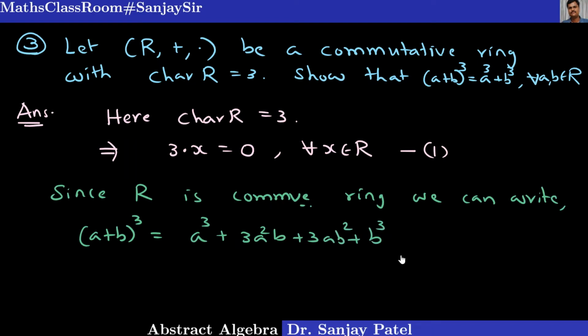Okay, this is true for every a and b belongs to ring R. We are using the binomial expansion in the ring, in the commutative ring.